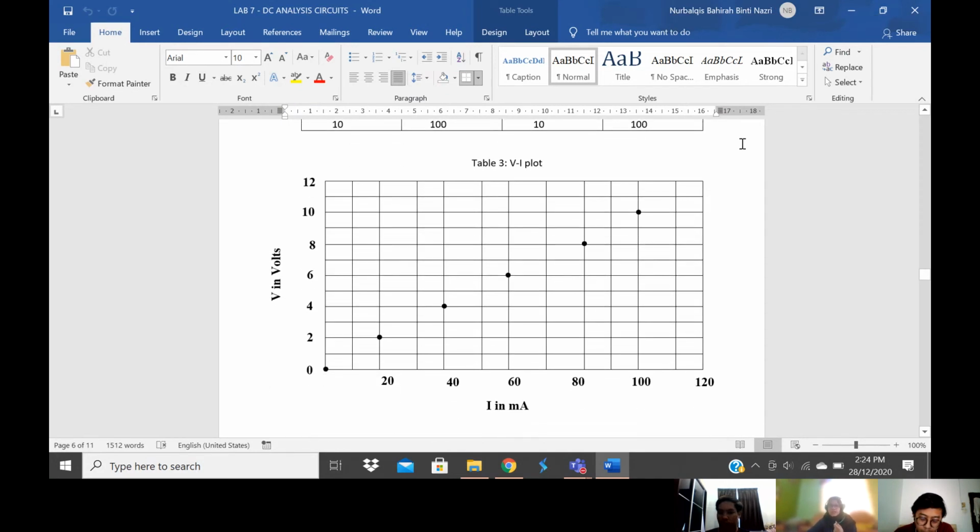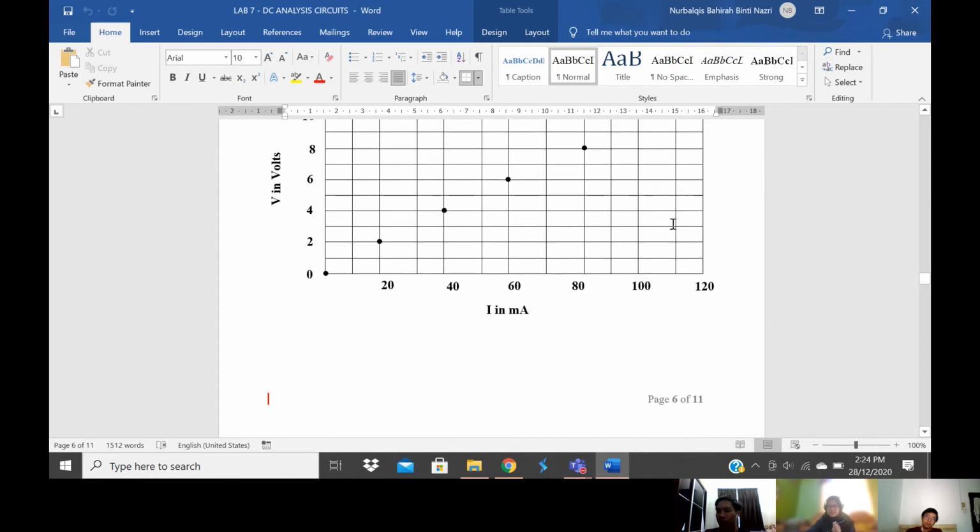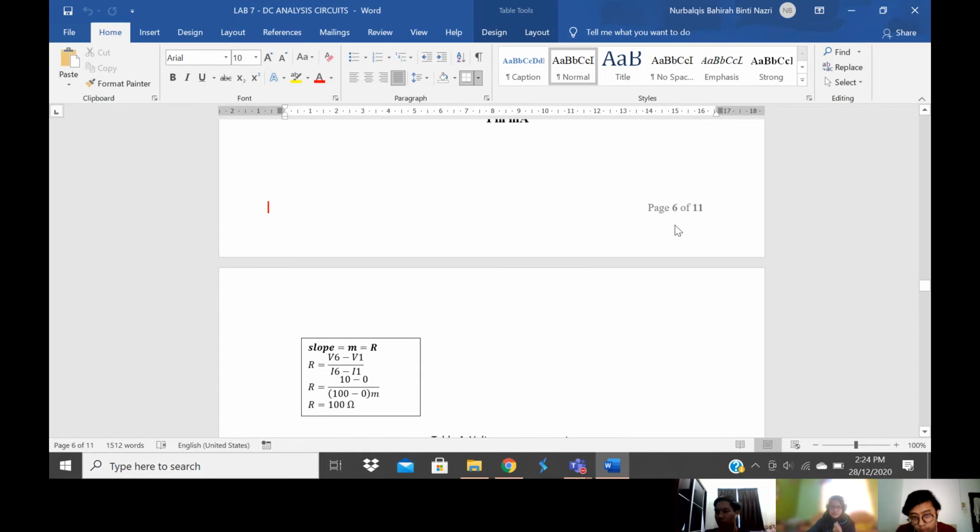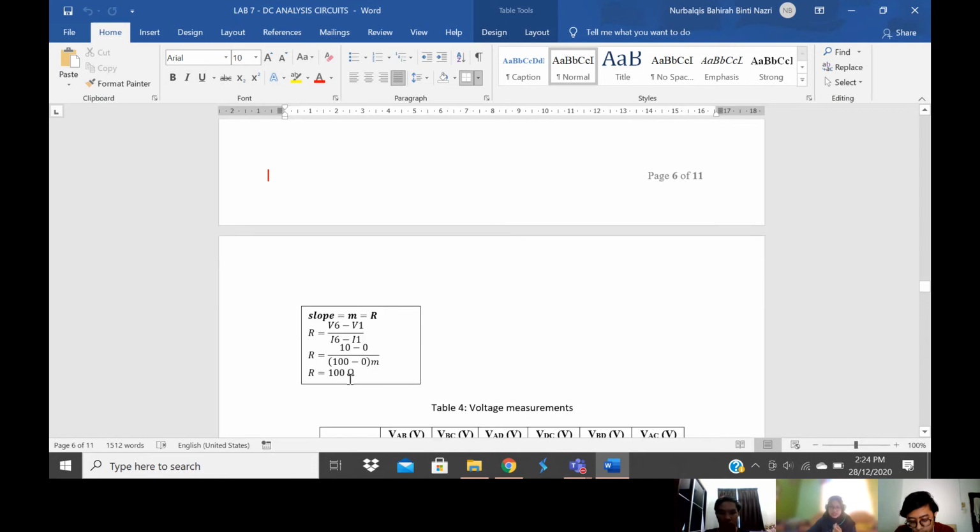The graph that we got is a linear graph, so it means we will get a constant slope, which shows resistance. Here is the calculation to find the slope.